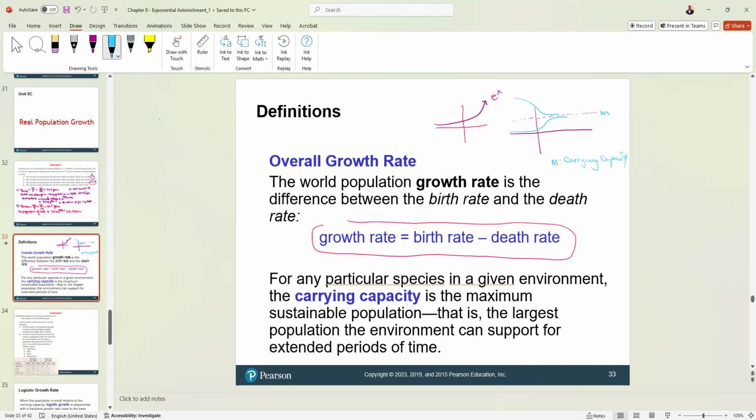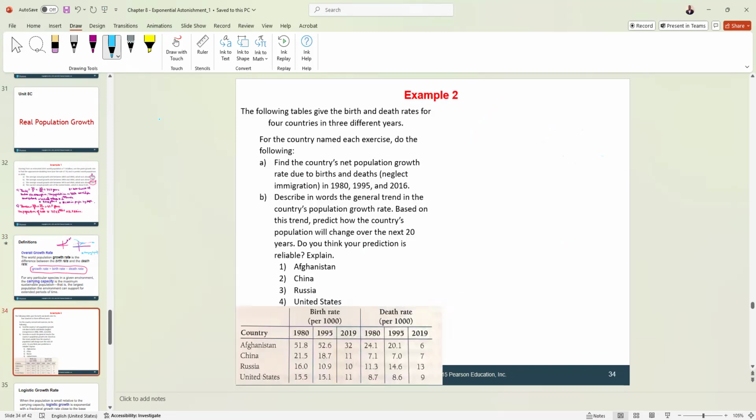All right. Now that we know what it is, let's try with an example. In this particular example, I believe we give you a table. In this table, we talk about birth and death rates. The following tables give the birth and death rates for four countries in 3 different years: 1980, 1995, and also 2019.